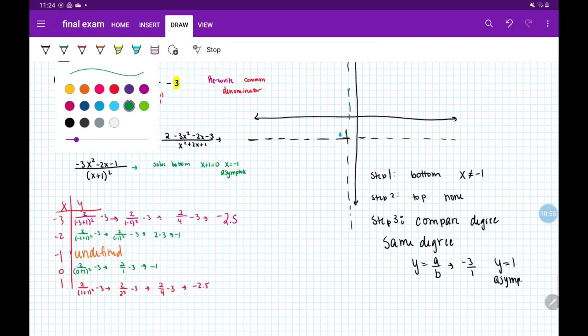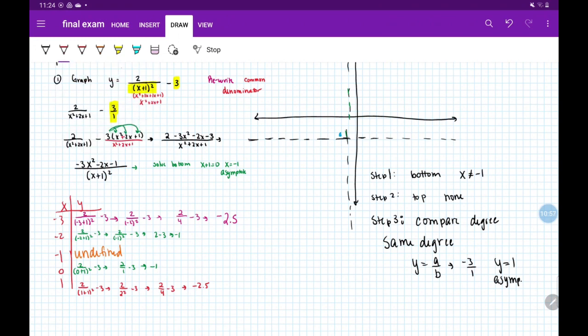So let's plot our points. So negative 3, 1, 2, 3. Negative 2.5, 1, 2, 3, 1, 2. Negative 2, negative 1. 0, negative 1. And 1, negative 2.5.